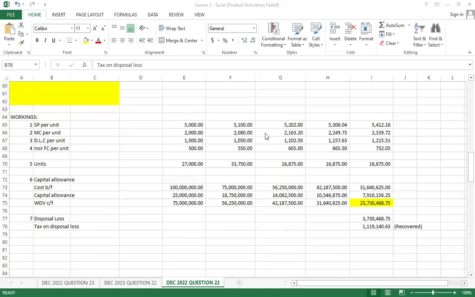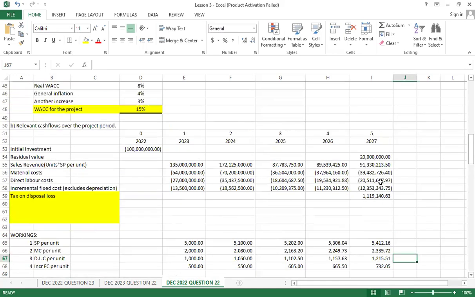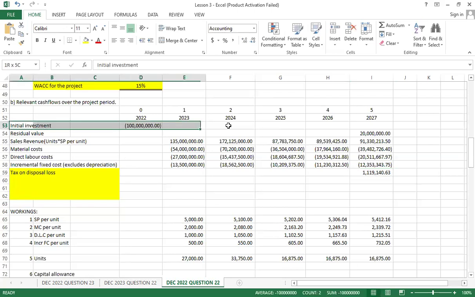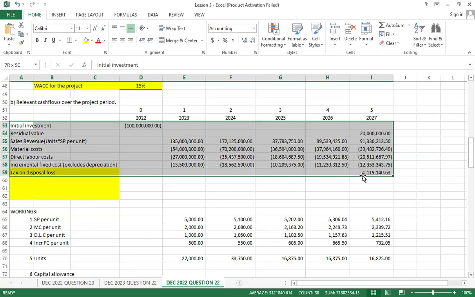Or we don't have to put it there? Yes, that's what I've done here. Oh, okay, I've not seen it. All right. I've already done that. Thank you. It's a cash flow, so it has to be part of what we are calling the relevant cash flows. Okay?